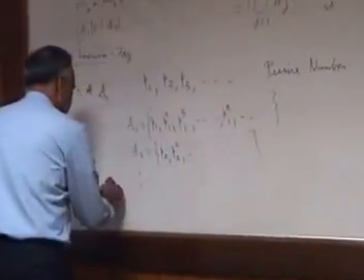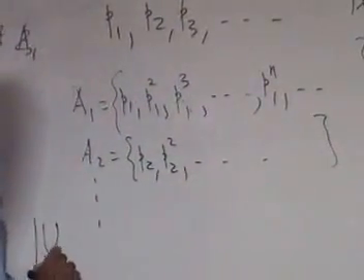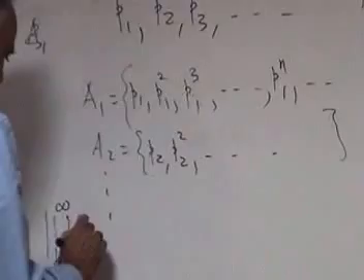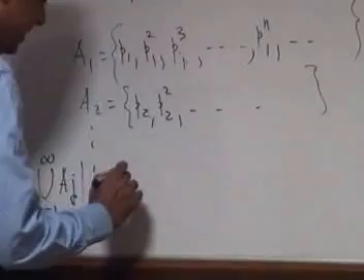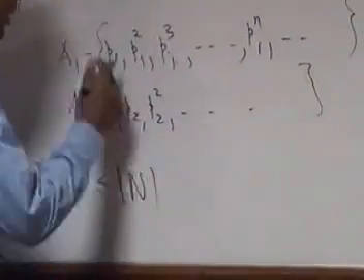Therefore, the cardinality of the union of all these will be less than or equal to what? The cardinality of N, because the union is still not covering all the integers, because 2 squared into 3 cubed is not covered in this. It is simply covered by pure single prime powers.